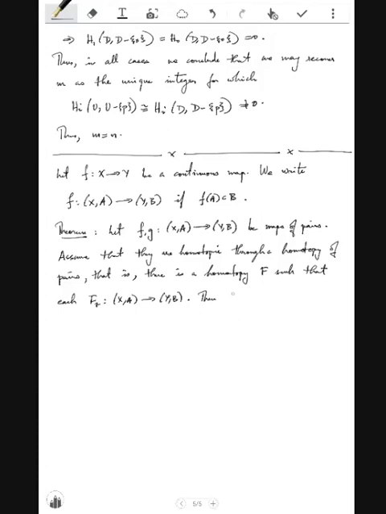Then the induced maps on homology are the same.